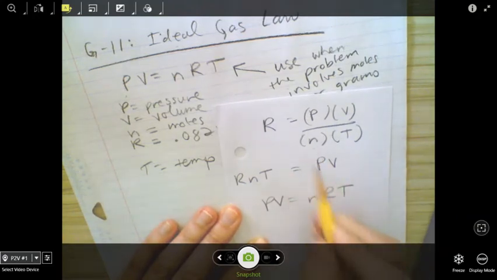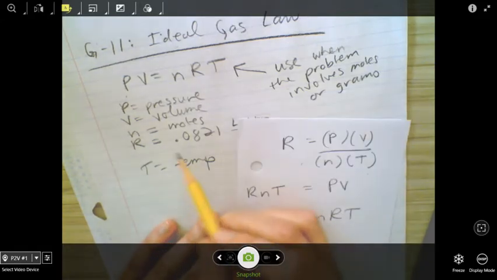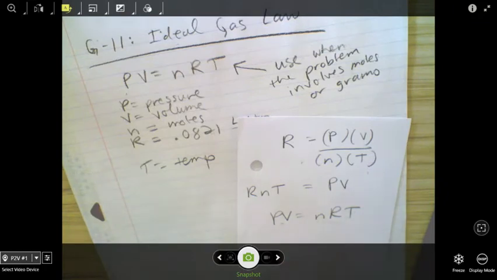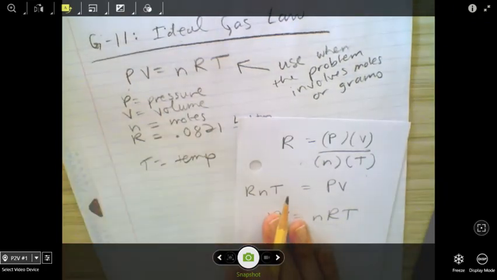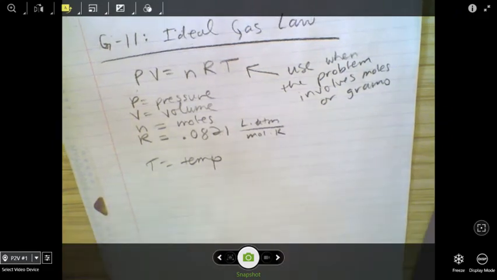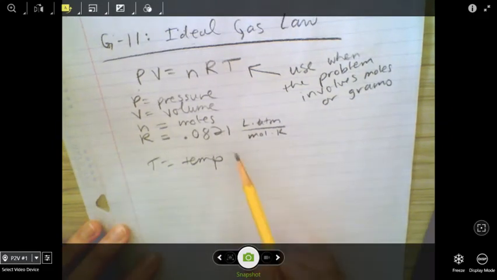What I had you do in the do now was just rearrange this equation. You solved for R, you realized it was 0.0821, and that it's always going to be 0.0821, no matter what adjustments you make to the other parts. So that's the ideal gas law constant. That doesn't change.